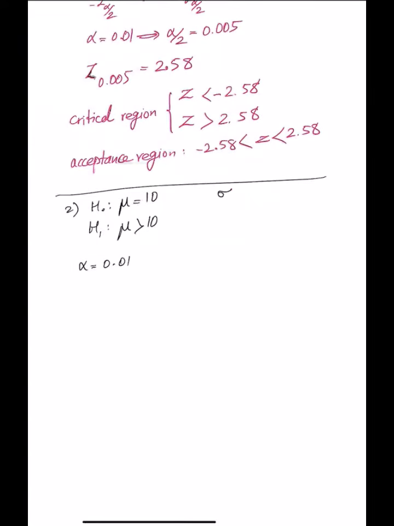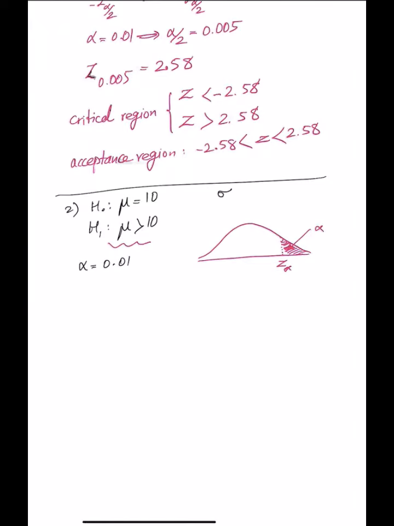So since here we have a one-sided test, if I want to draw the diagram related to the standard normal, this is going to be the critical region. The shaded area is going to be the critical region, and this is going to be z of alpha, and this area is the one that is basically alpha.